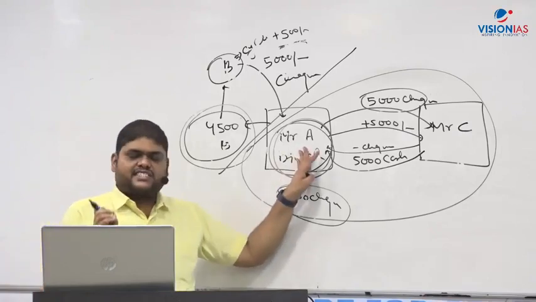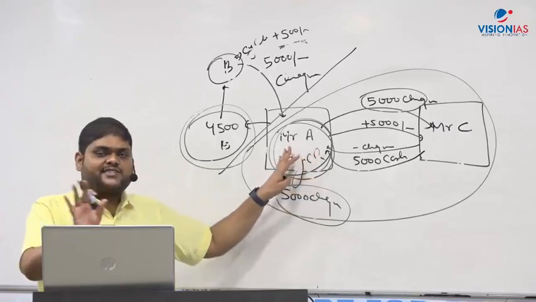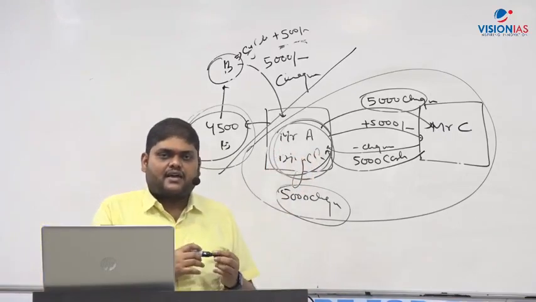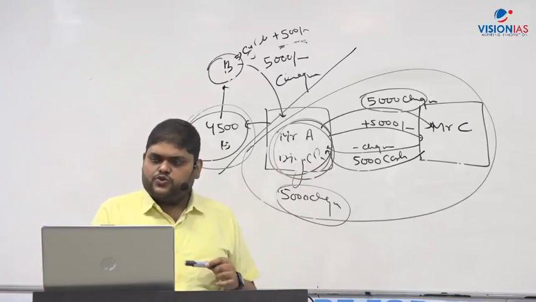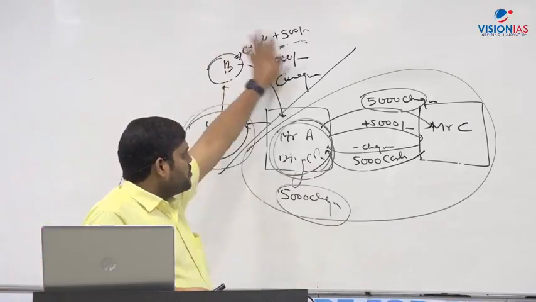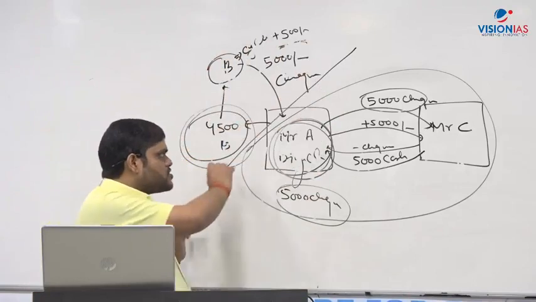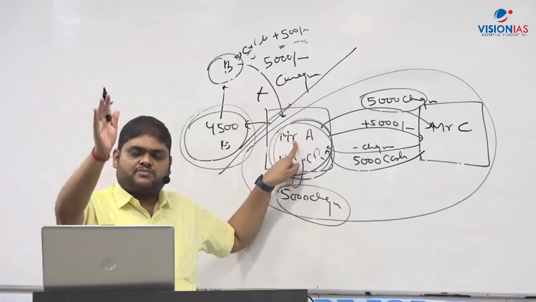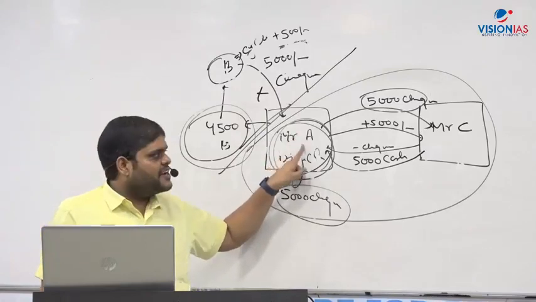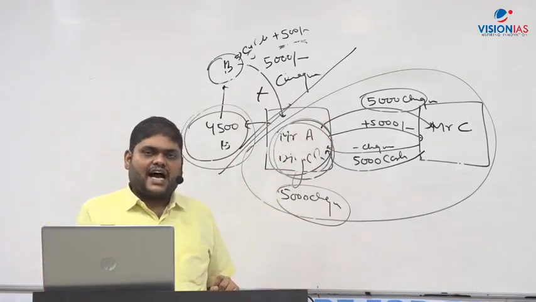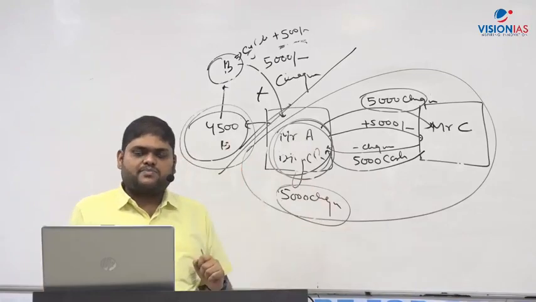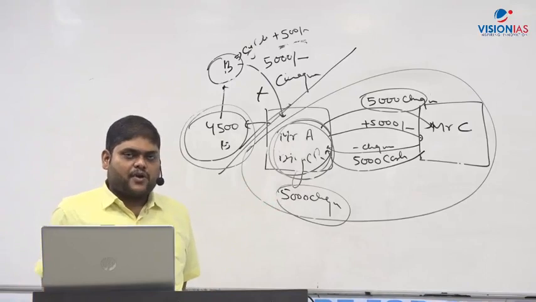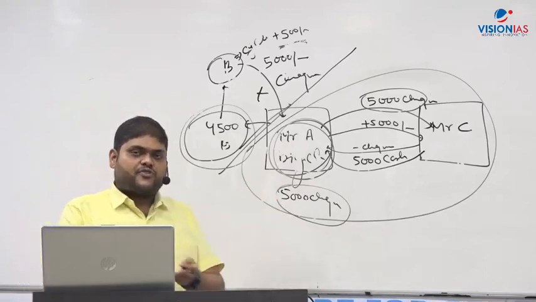Please listen carefully. Mr. A is not losing this check because this check doesn't belong to Mr. A. Suppose this question was not there. Forget this part. Suppose Mr. A is going on a street, he got some check. He went to the bank and the bank refused to accept that check. Can I say Mr. A lost 5,000 rupees because he could potentially get 5,000 from that check?